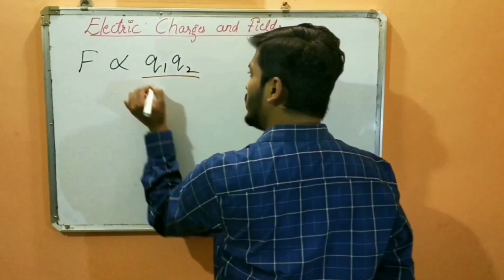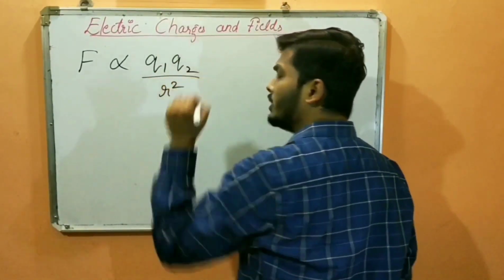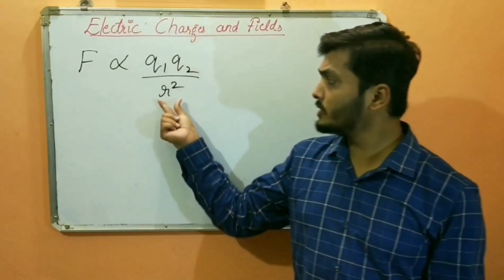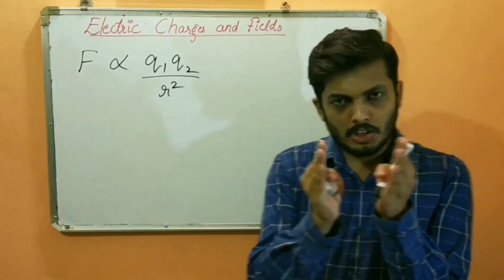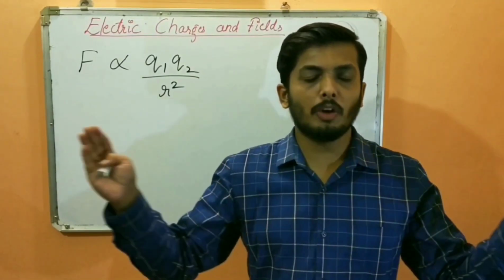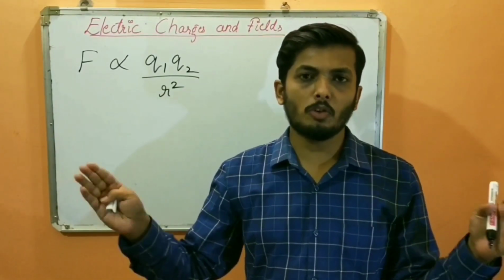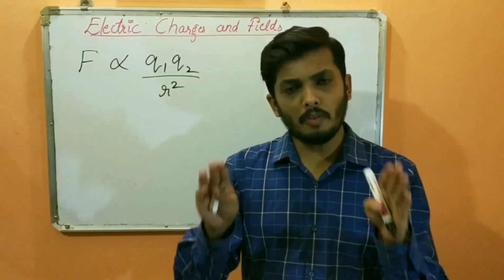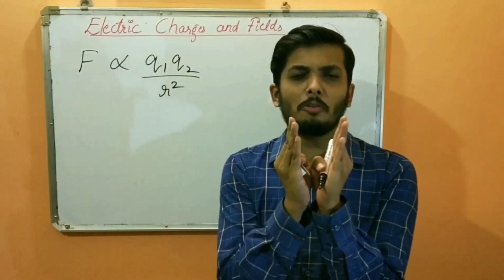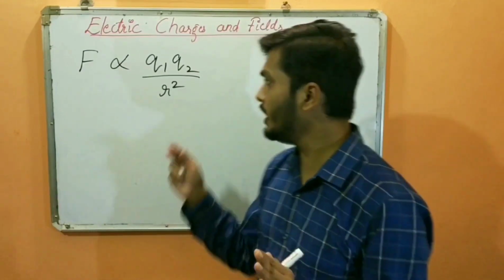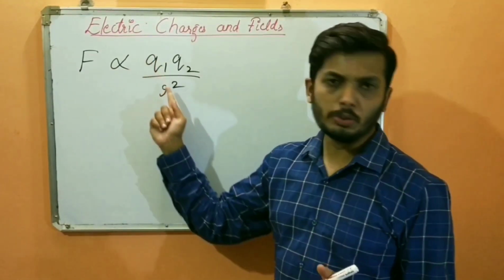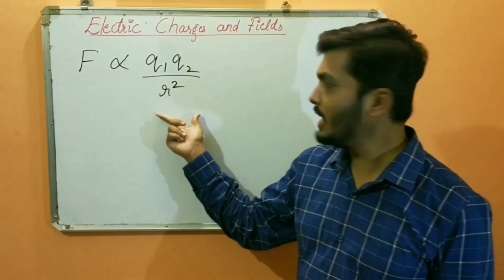It also varies inversely with the square of the distance between them. So if the distance between two charged particles is very big, then the electrostatic force will be very weak. And if the two charges are very close to each other, then the electrostatic force will be very strong. So F is proportional to Q1 Q2 divided by r square.